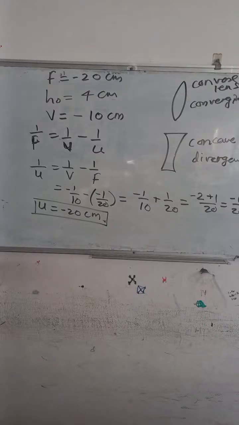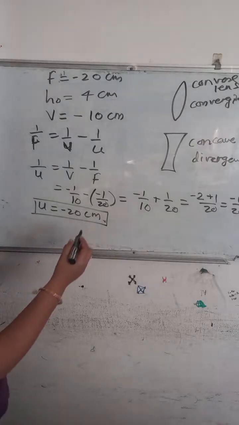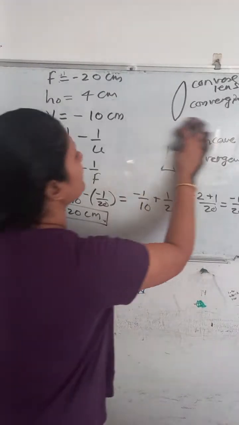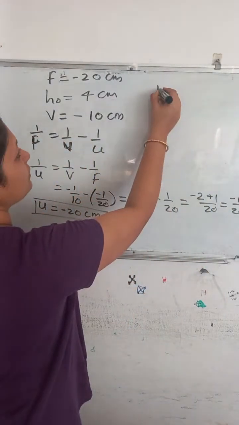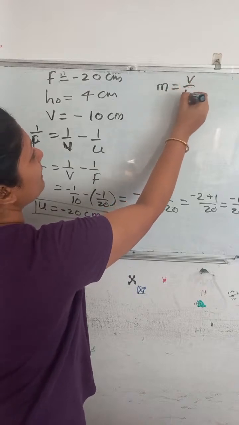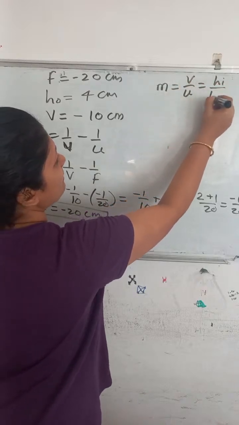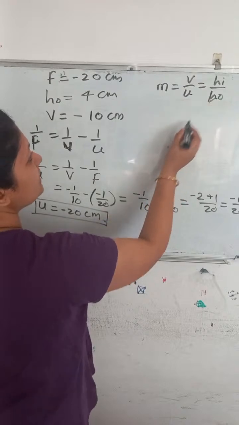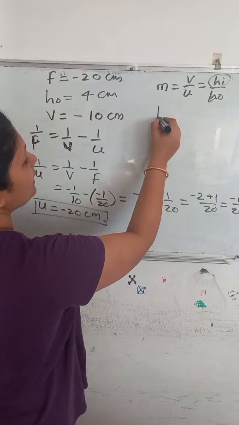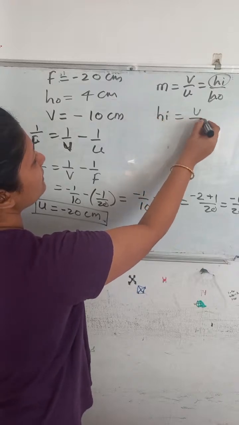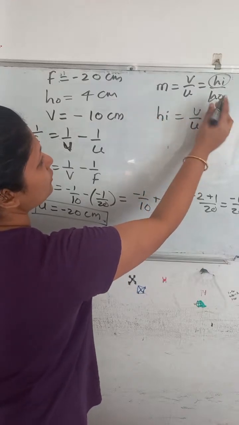Once we get u, they are asking us to find the size of the image also. So we know the magnification m. In case of lens, m is equal to v by u, which is nothing but hi by ho. Ho is given and we are interested in finding hi. So hi is v by u into ho.